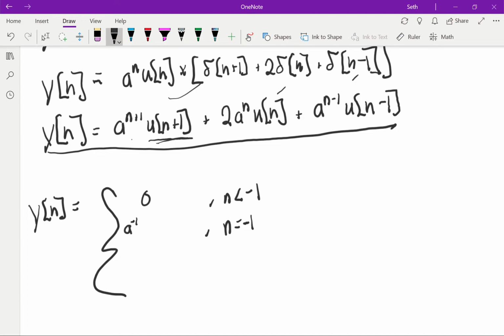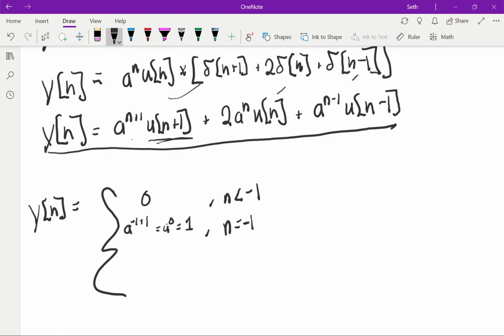So a to the minus 1 plus 1 is equal to a to the 0, and any non-zero number, which a is because it's between 0 and 1, is just 1 if it's raised to the 0th power.